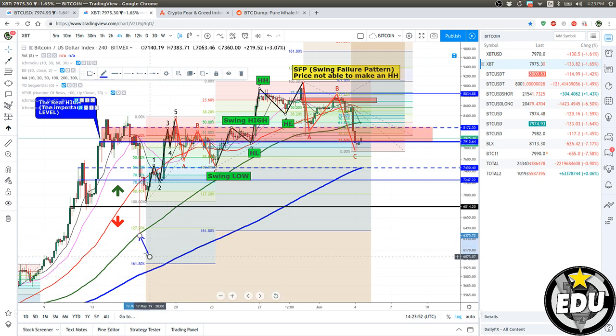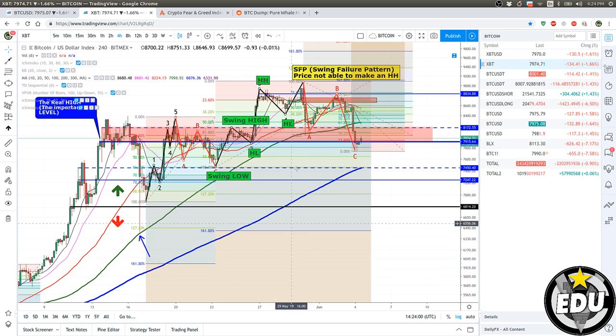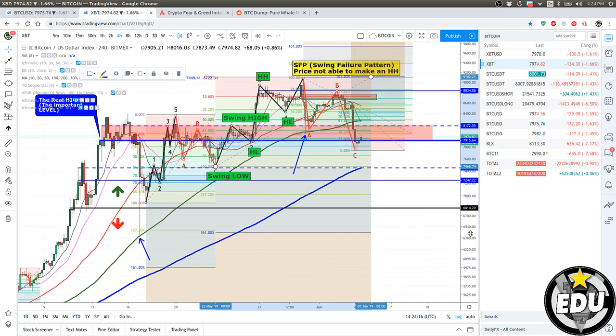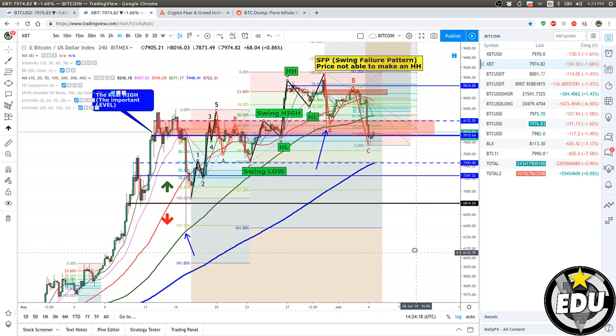I don't know if it's a coincidence or not. I think it's a coincidence, but sometimes you see funny things. Here, the moving average 100 hit price again, right there, and then it dropped. So now we are below moving average 100. So that's another bearish sign based on the 4-hour time frame.